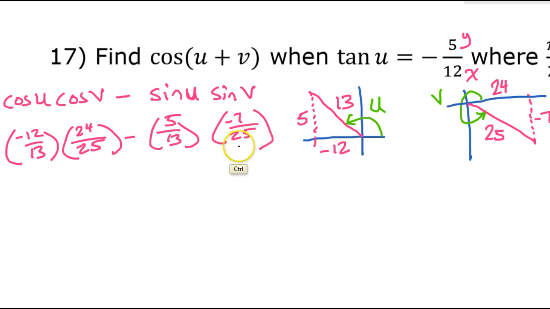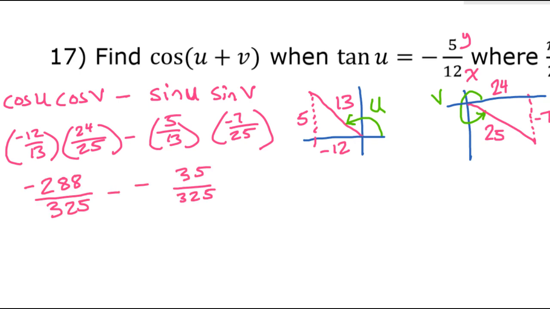So it's just a matter of simplifying this down. That gives me negative 288 over 325 when I multiply these together. And when I multiply these together, I get negative 35 over 325. Now minus a negative is addition, so I'm going to go ahead and change this to addition.